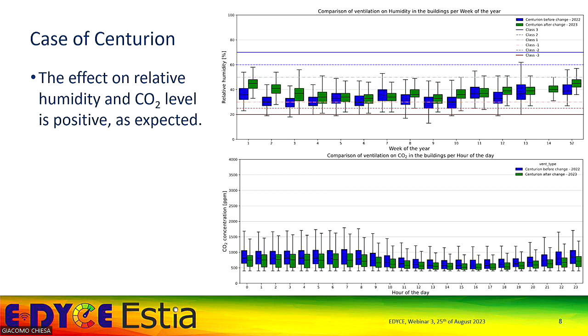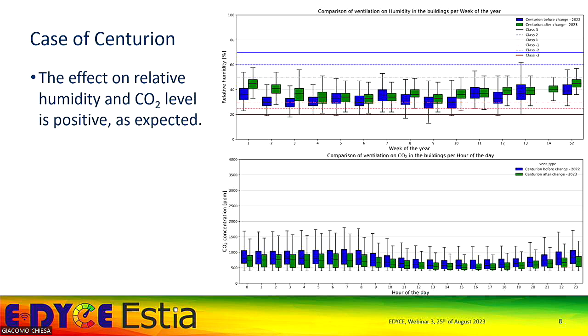You see that the box plots mainly stay within the class 1 boundaries for the green boxes, as it actually reaches most of the time the class 2 limits in the blue one. This was much expected, as the ventilation flow rate was depending on relative humidity. So this was obviously the easiest indoor air quality KPI to improve.